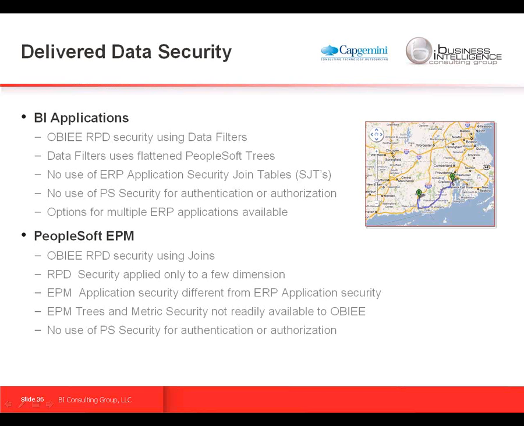With the BI application, their data security is essentially we're going to use data filters to limit which, for example, departments or business units you can see. And we're going to apply those filters to PeopleSoft application trees, which have been flattened in the warehouse. So the BI apps does not actually use any of the ERP application security join tables that most people set up.